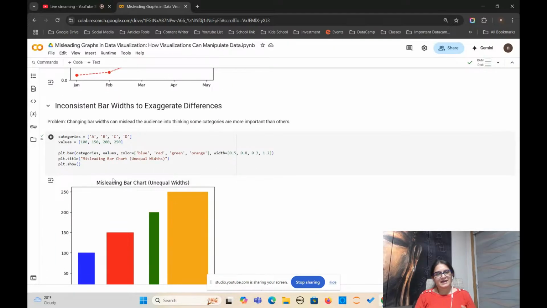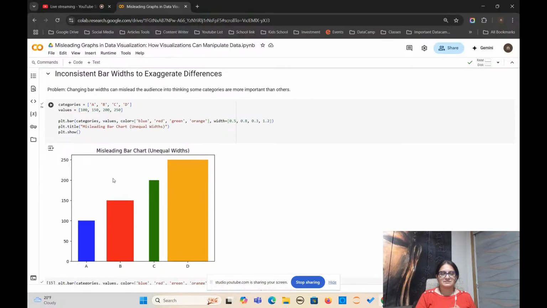Now, another mistake students sometimes make at a beginner level: they try to use the parameter and change the width of every bin. Now look at this.